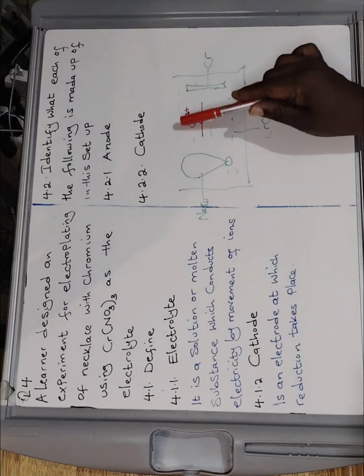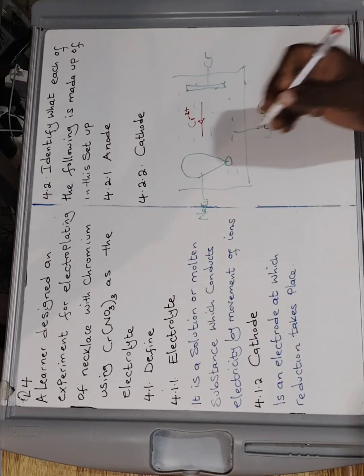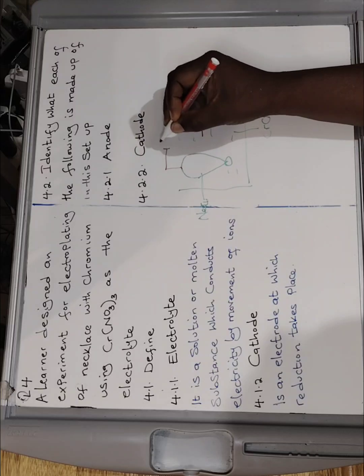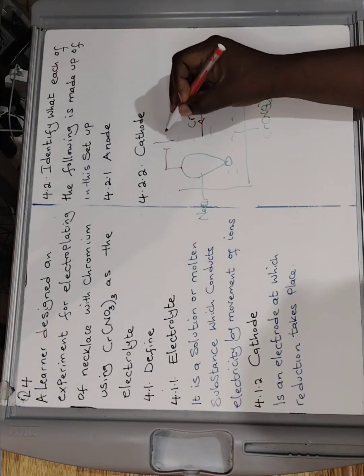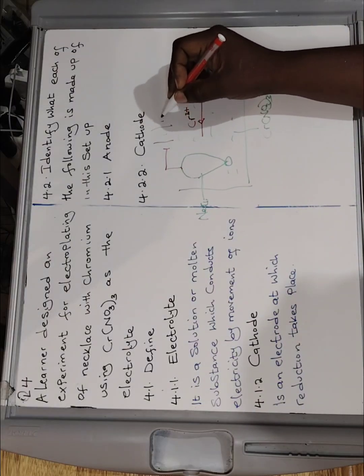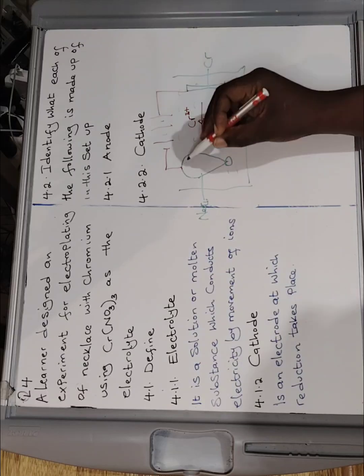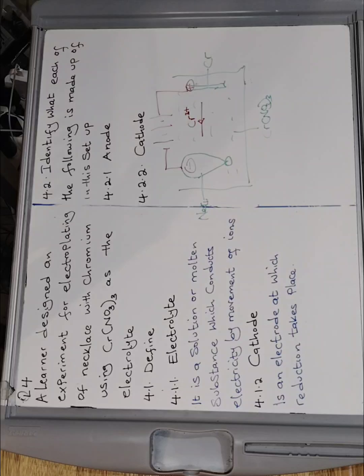So if these ions are coming here to this necklace, what is the polarity of the necklace? The polarity of the necklace is negative. It must have the opposite charge to the ions which are coming to it. And I hope we know that if this is negative, the other side is what? Positive. So this is negative, this is positive. Okay. Then we know something. What do we know?